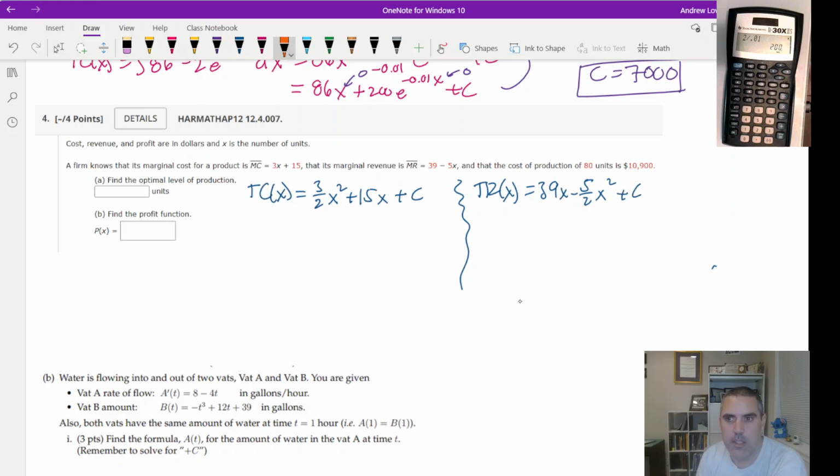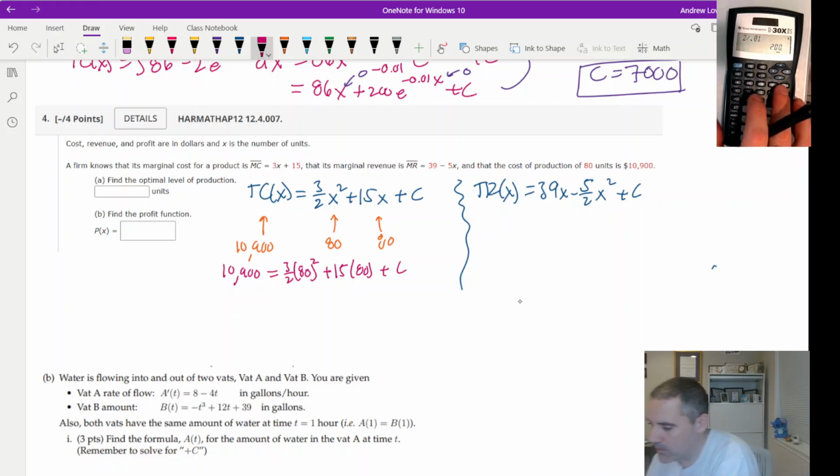Now, what did they tell us? They told us that when you plug in 80, we should be looking for this sort of information, that this is 10,900. So we have 10,900 equals 3/2. These numbers are kind of messy. On a test I might make it a little nicer.